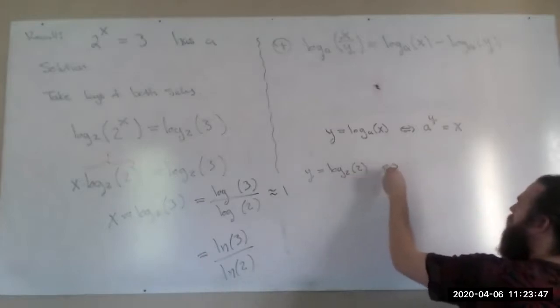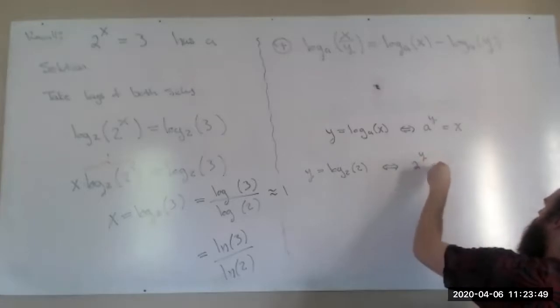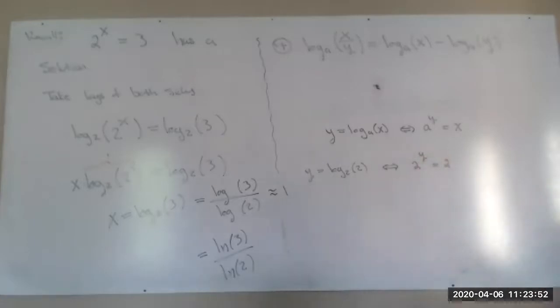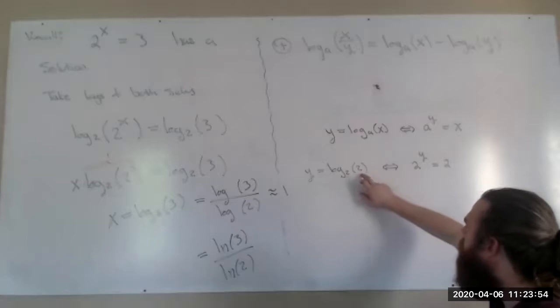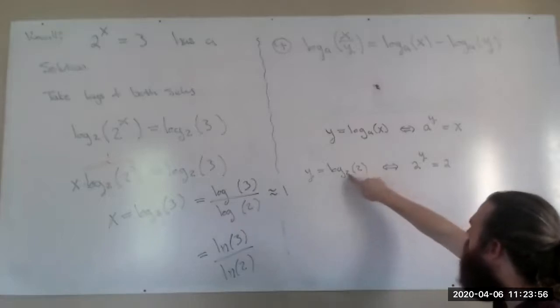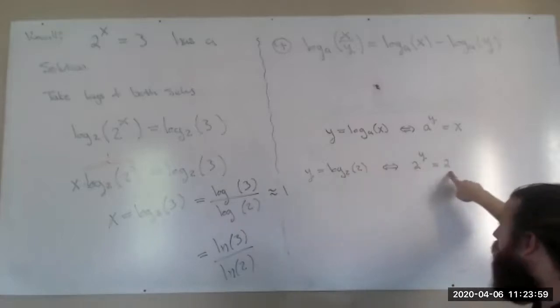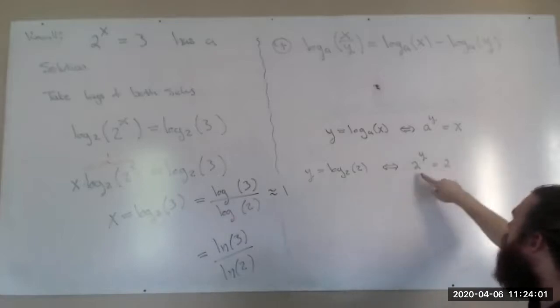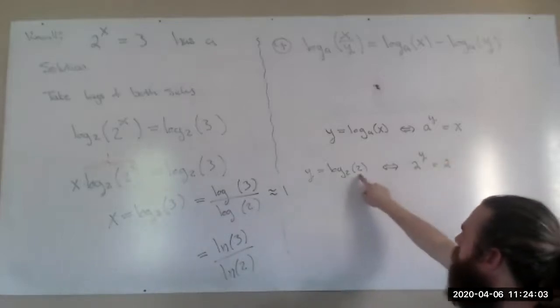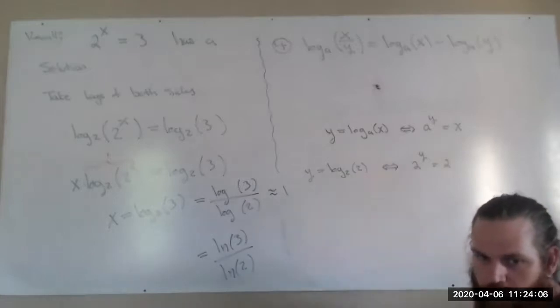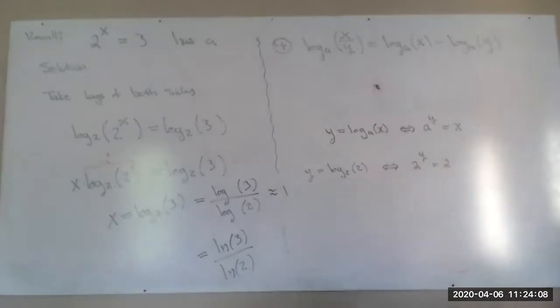That means 2 raised to the y equals 2. In other words, the log base 2 of 2 is the power to which I need to raise 2 in order to get 2 out. 2 to what equals 2? Well, 2 to the 1 equals 2. So the base 2 logarithm of 2 is 1. It's an important step in this. And in general, the base a log of a will always be 1.